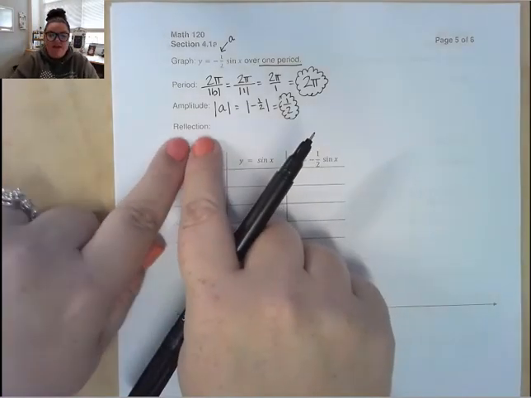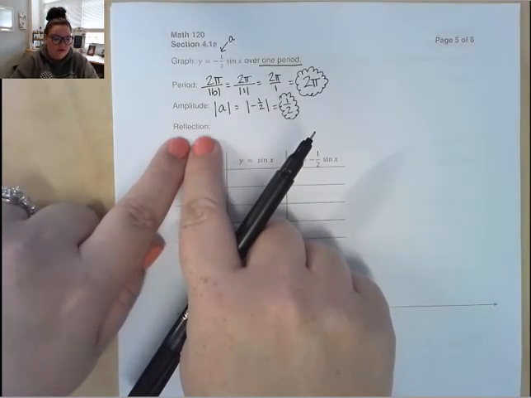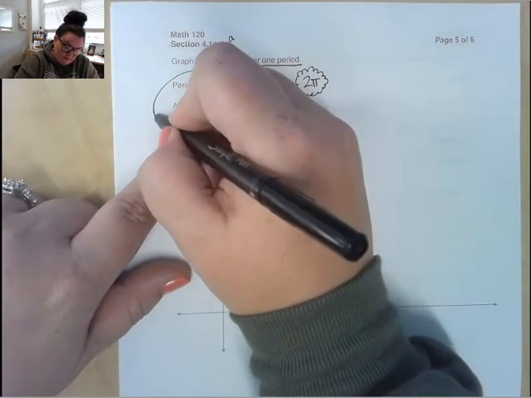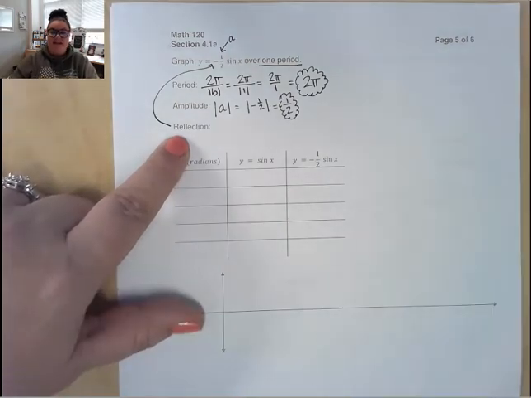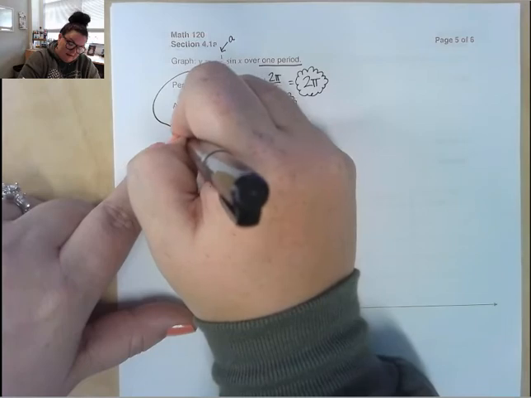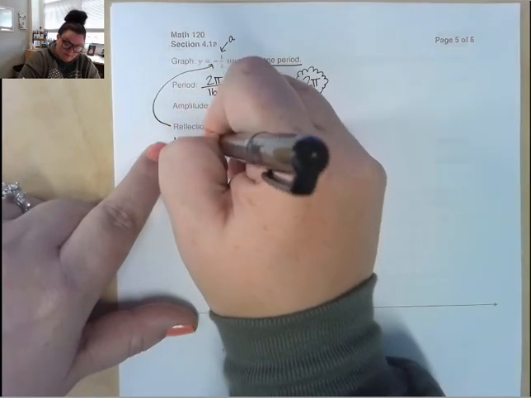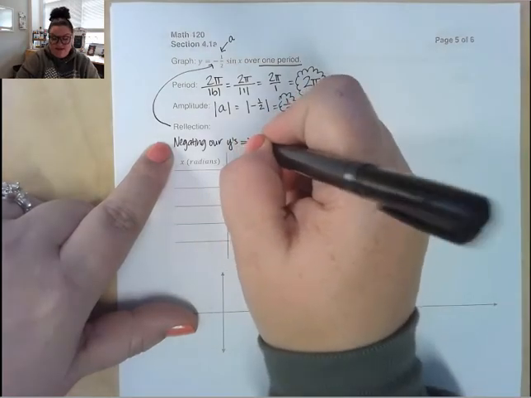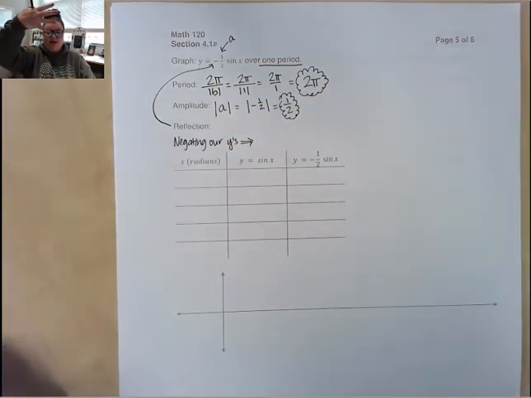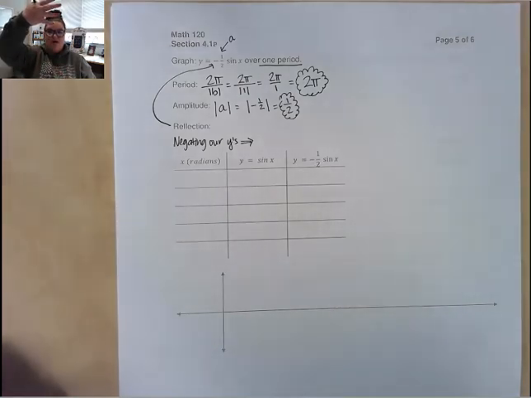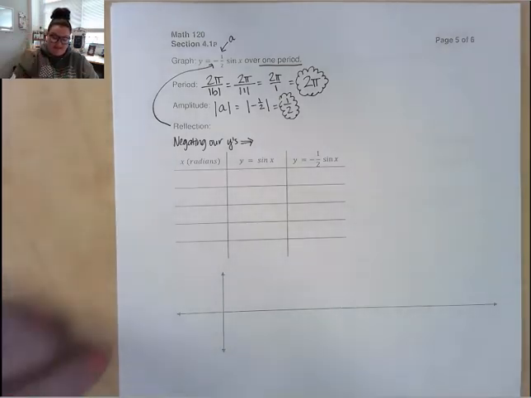And then a reflection comes from a negative. So yes, here we do have a negative, and the negative is outside the function. So if we are negating our y's, think about it: if you take your positive y's and make them negative, or you take negative y's and make them positive, that's reflecting your picture around the x-axis.